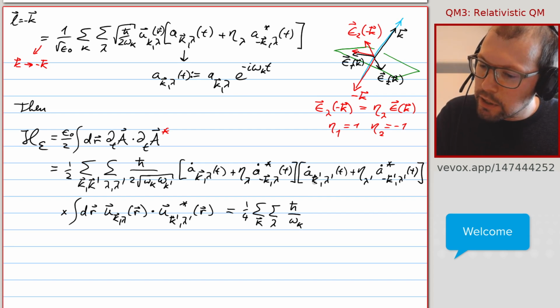And if k prime is equal to k, lambda prime is equal to lambda, then you'll notice that this is exactly the complex conjugate of this.